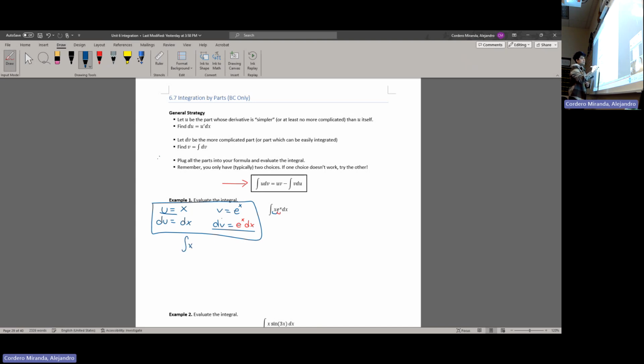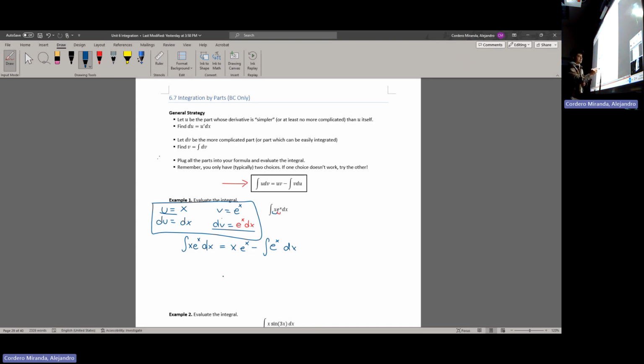Integral of x e to the x dx will be equal to uv, so in this case, x times e to the x, minus integral of v du, so e to the x dx. Cool. And then you're still not done because there's still an integral in here, but you know what the antiderivative of what I'm circling is right here.